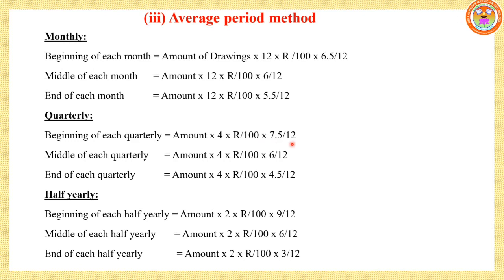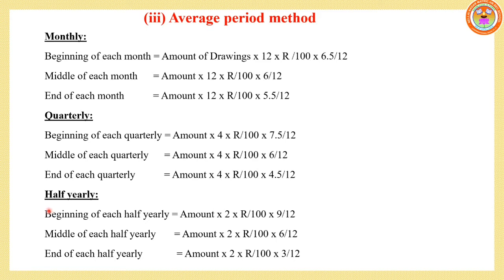That is called the average period. If he has withdrawn in the middle of each quarter, amount into 4 into R by 100 into 6 by 12. Then end of each quarter, amount into 4 into R by 100 into 4.5 by 12. So here 1.5 is reducing. 1.5 is the difference between each one.